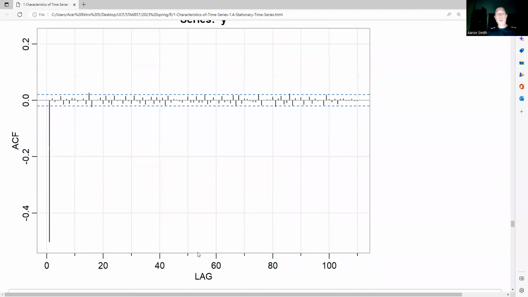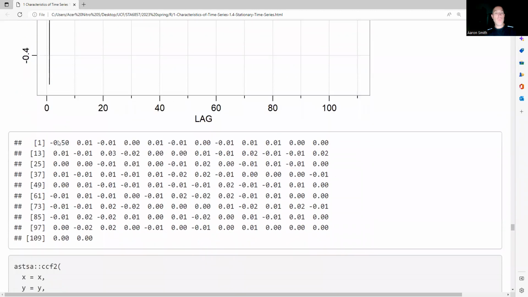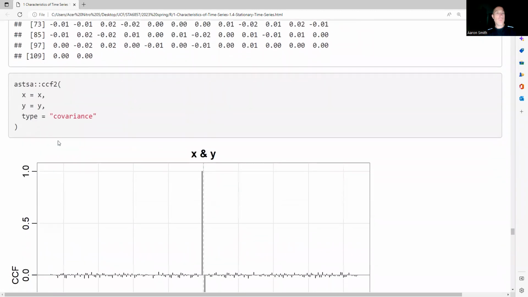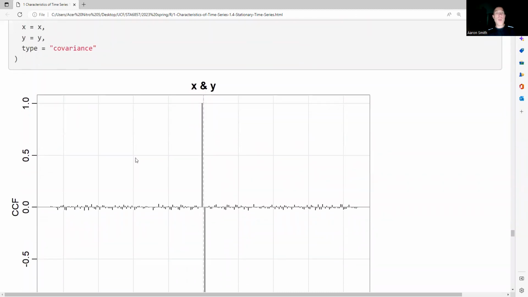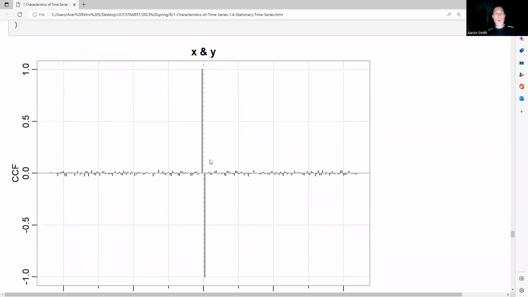Here it is on y. Remember, because of the subtraction, I got a negative value over here. And then when I do the cross covariance function, we can see that we have the spike in the middle, and then it rapidly drops off to 0 once they shift away from each other so that the subscripts no longer match.